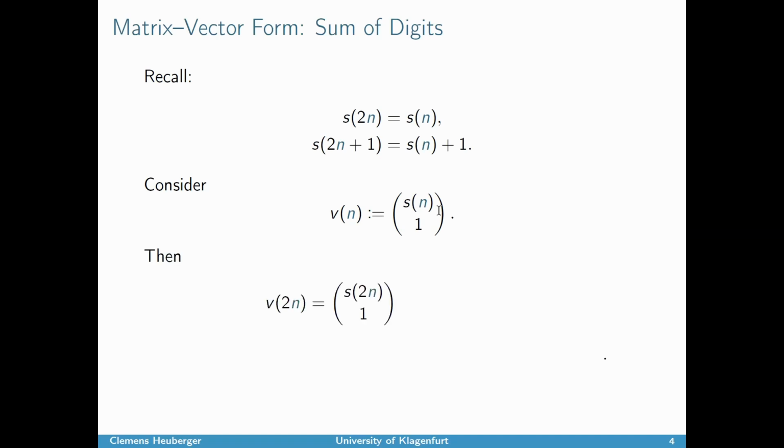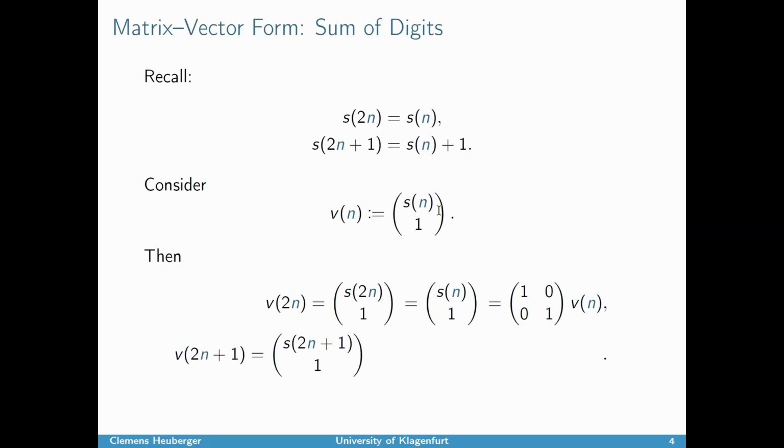And now I can write v of 2n is, well, by definition, S of 2n. S of 2n is S of n by the recurrence. And I can write that in a very spectacular way as a matrix vector product. Here it is, identity matrix times v of n. So that was really exciting, yeah? This matrix vector product.